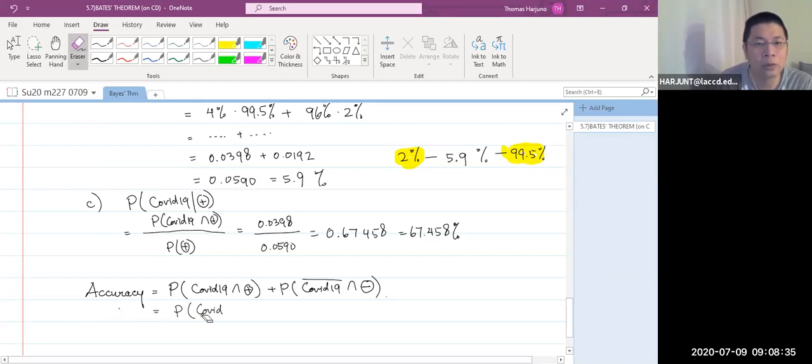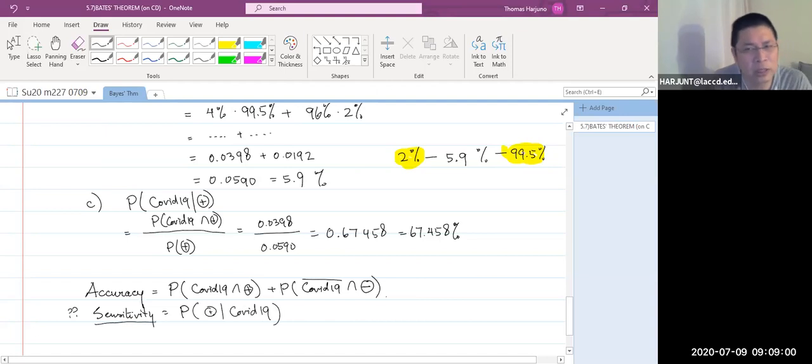I think I want to say that sensitivity is this one: the probability that it's tested positive, knowing that that person has COVID-19. Let me put a question mark here. That's the terminology that I forgot. There's something called sensitivity, and then there's another one. I forgot. But let me give myself a break first.